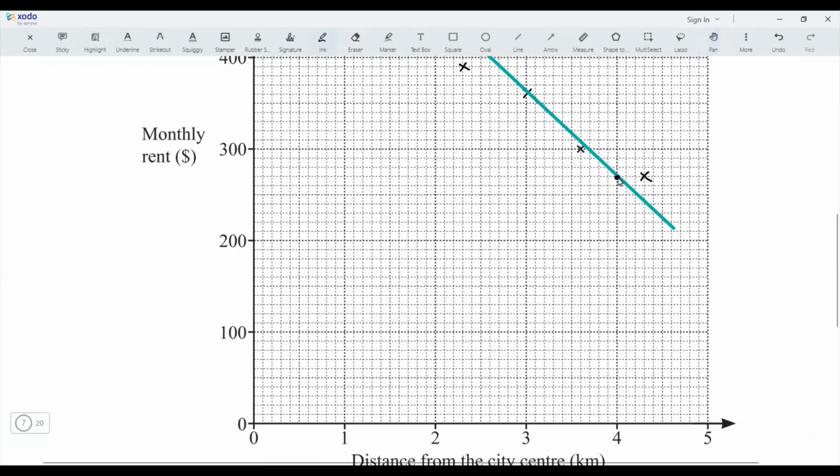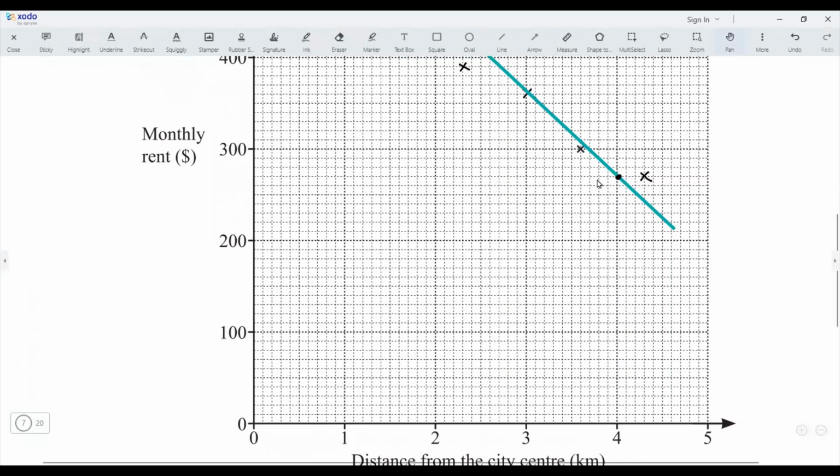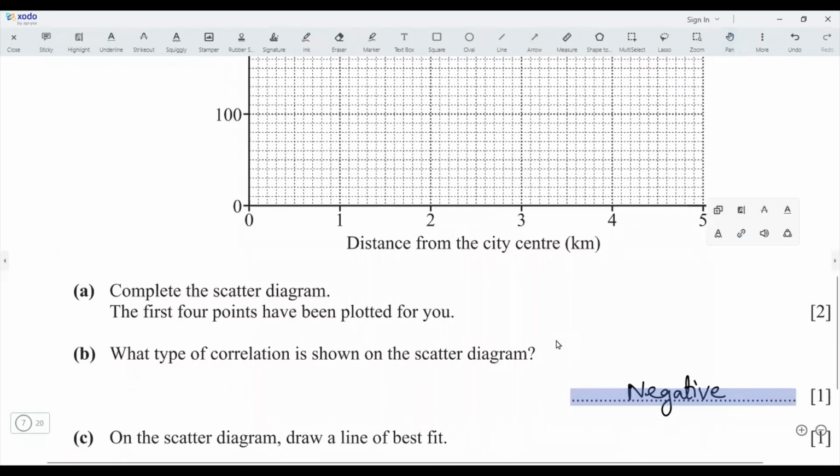Through it we have to tell what is the cost on the y-axis. Moving towards the left, it is lying here. That means it is three units below it. It is giving $270. So $270 is the answer.